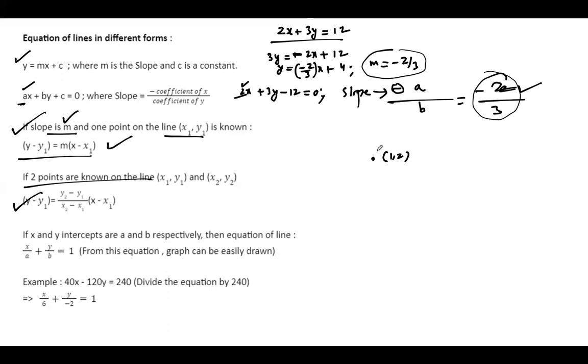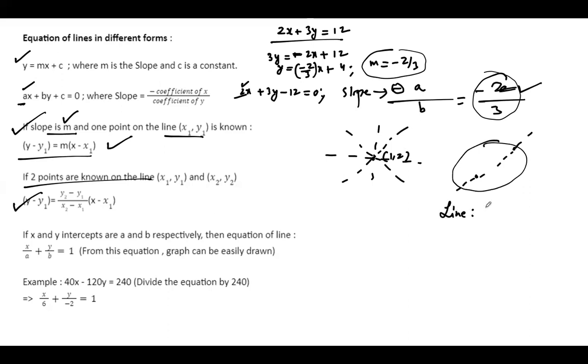Will you be sure which line the question is talking about? No. It can be this line, this line, this line, this line. Infinite lines are possible. But if you know 2 points, then only one line is possible. So for a line, you should know at least 2 points.